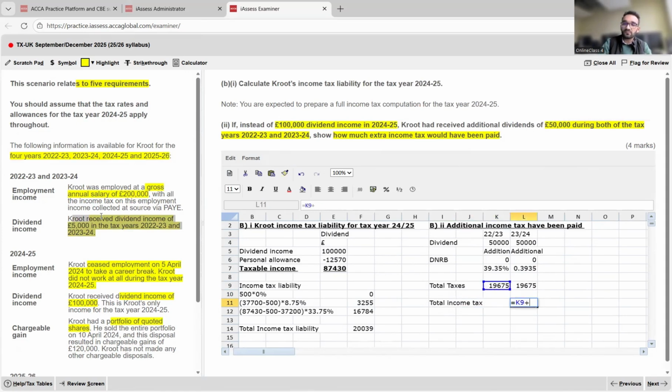Add this. And right now, they have received this dividend in 24-25. How much income tax have they paid on this dividend? This was the tax they have paid right now. So what amount of additional extra income tax would have been paid?